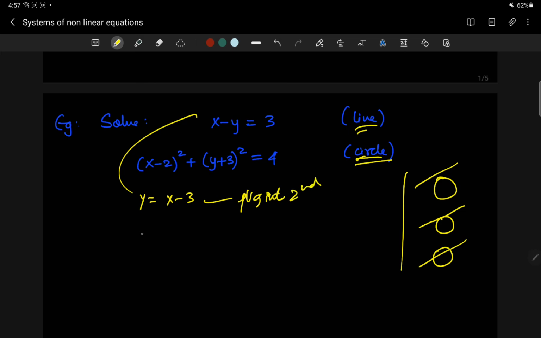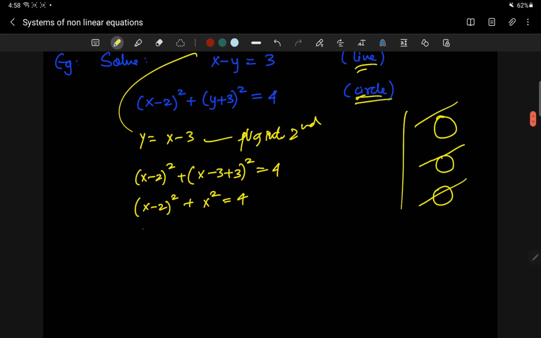Plugging this into the second one gives (x minus 2) squared plus (x minus 3 plus 3) squared equals 4, which is then (x minus 2) squared plus x squared equals 4, which is x squared minus 4x plus 4 plus x squared equals 4.